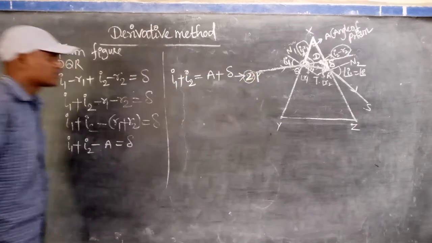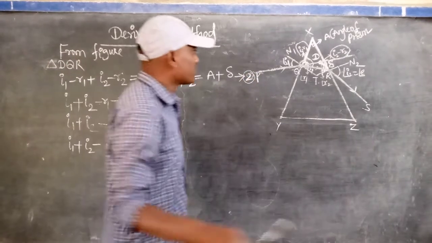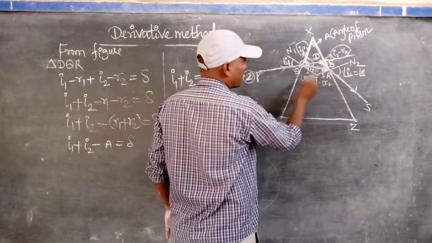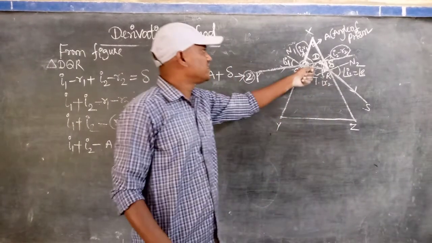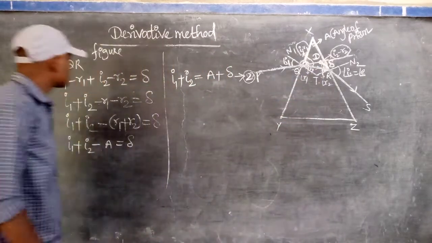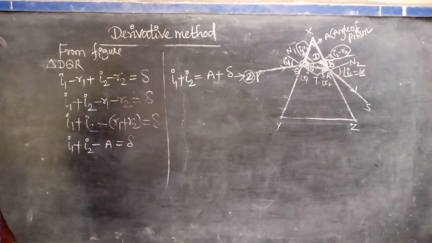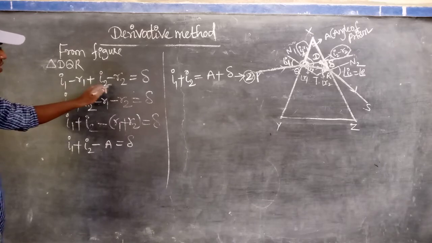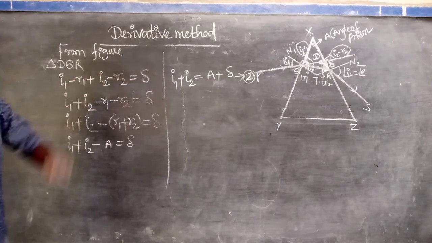Listen very carefully. In the DQR triangle, two interior angles and one exterior angle are there. According to the mathematical condition, you know that the sum of the two interior angles is equal to the exterior angle.